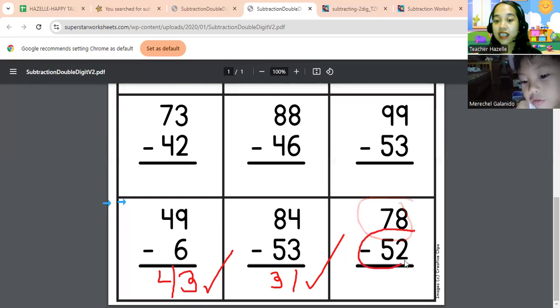Okay, can you please read the next given number we have here? 78 minus 52. All right, let's have here 8 minus 2 first. 8 minus 2 equals how many?